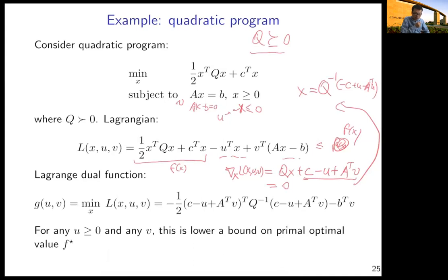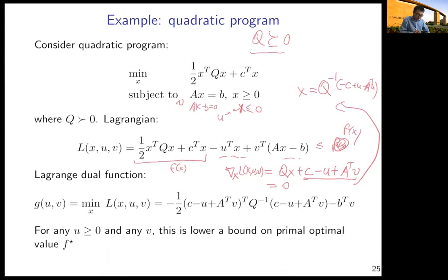And in the cases when these terms are in the null space of Q, then there are infinitely many solutions that we can use, right?